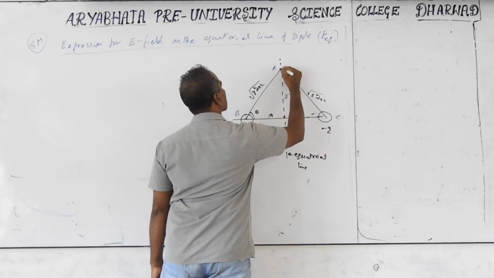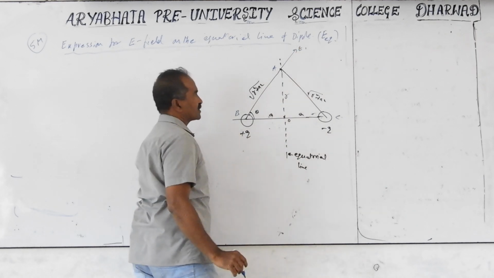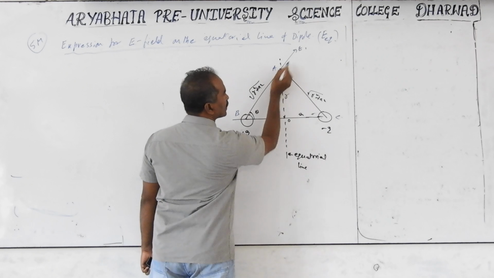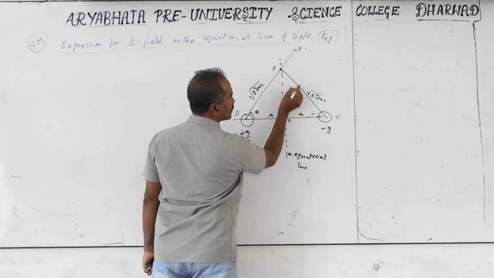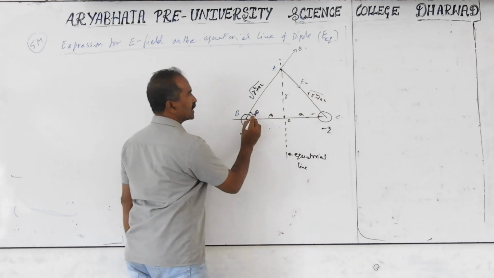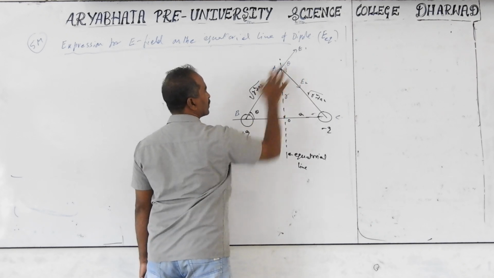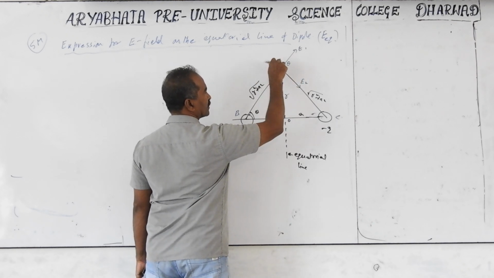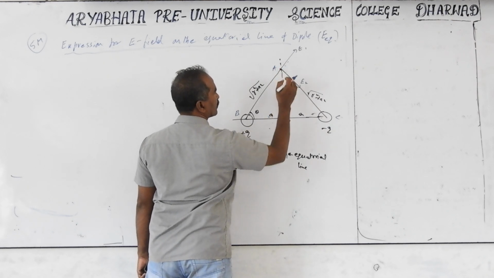So this is the direction of the electric field, taken as E1 because of plus Q. And because of minus Q, the field is towards the negative charge. This is the direction of E2. This is E1 and E2, and this is theta.